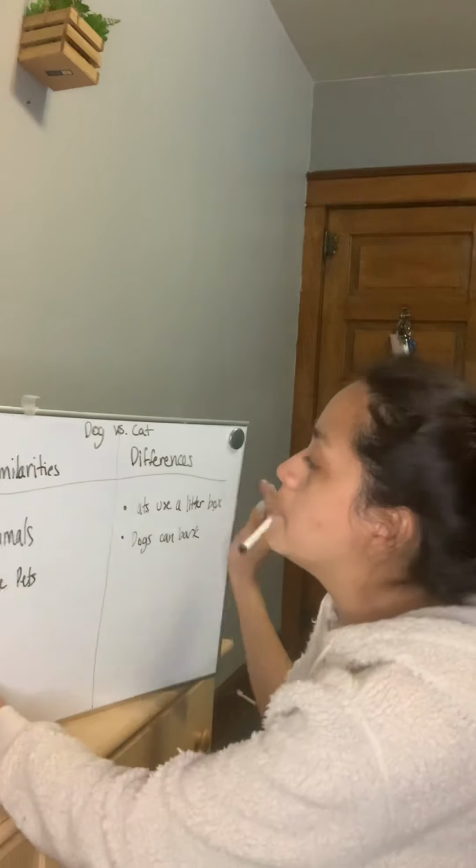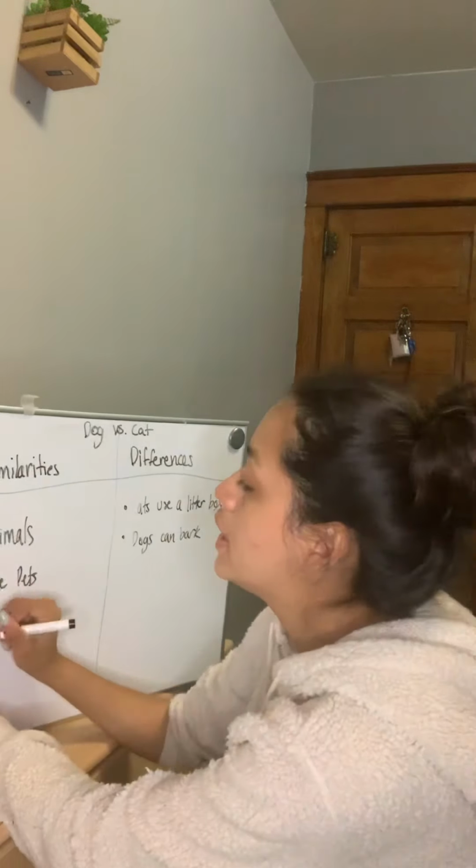Eric, give me a similarity. They have tails. Both dogs and cats have tails. Okay, and then what's another difference? Kyle. Yes, cats can meow. Good job. Cats can meow. And then let's do one more for each.